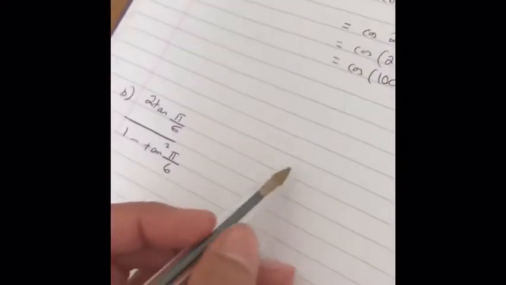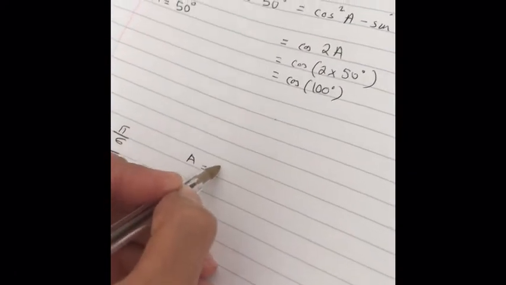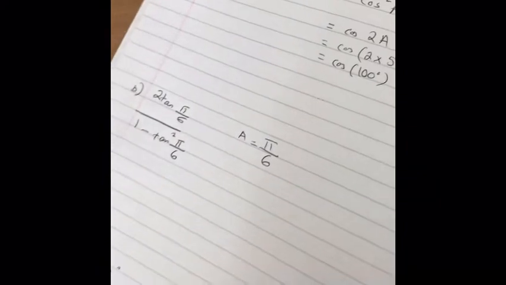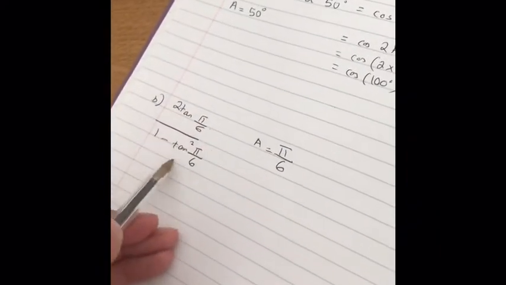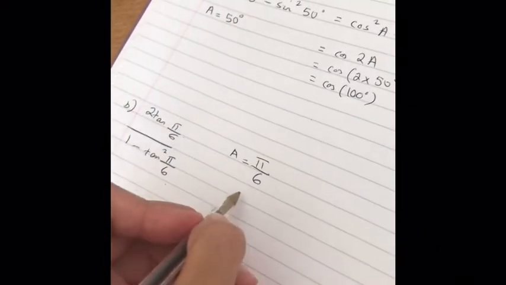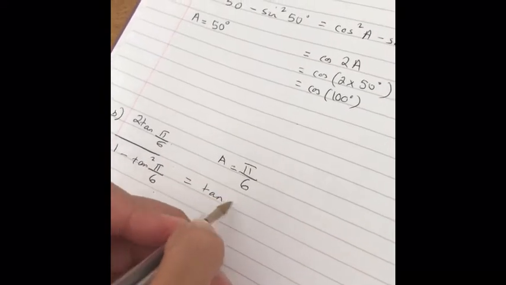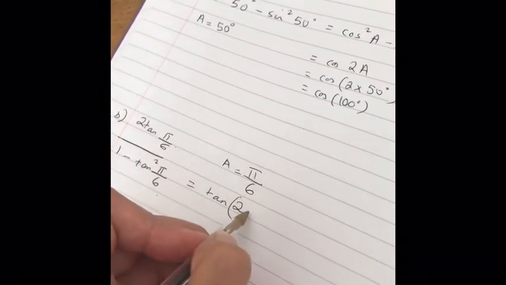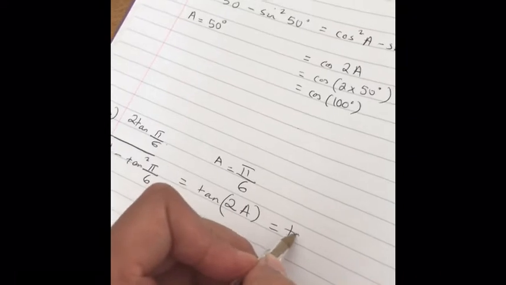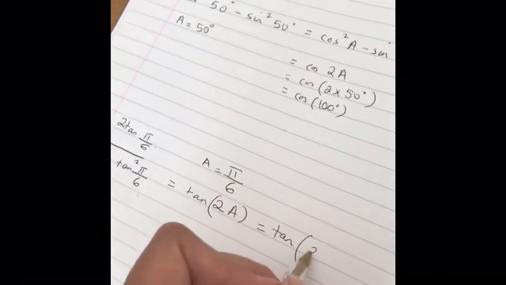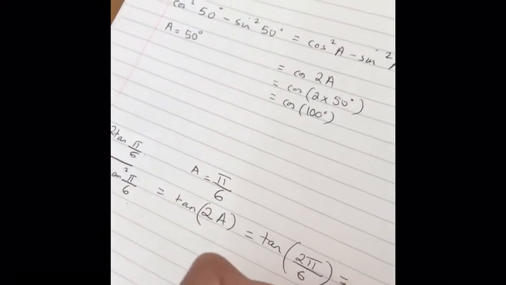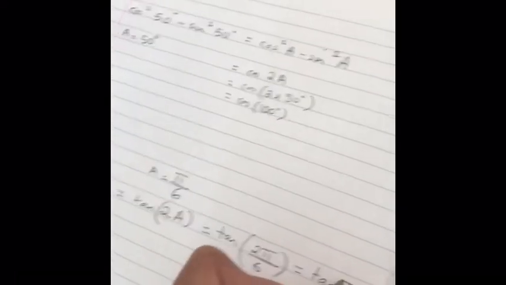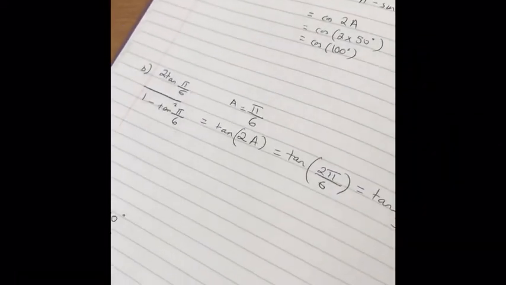So here I'm just going to write that A is pi by 6. So that's 2 tan A over 1 minus tan squared A. So this will be the equivalent of tan of 2A. 2A being 2 lots of pi by 6, which is pi by 3, tan of pi by 3. Done. Single trig ratio.